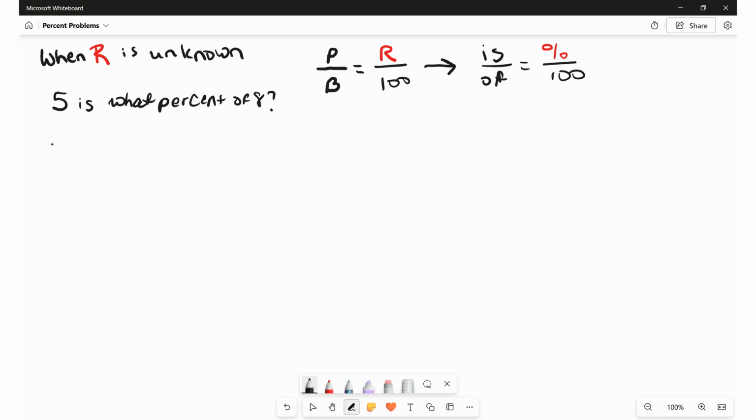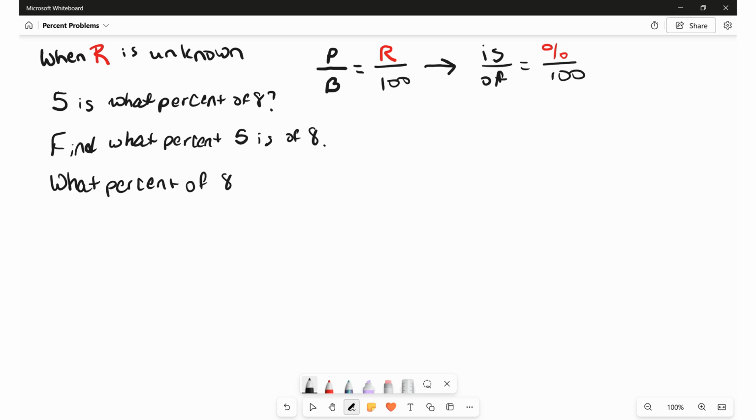You could see find what percent 5 is of 8. And you could also see what percent of 8 is 5.